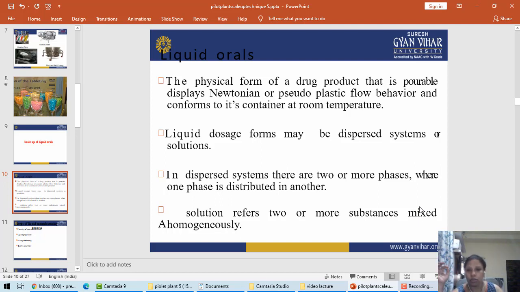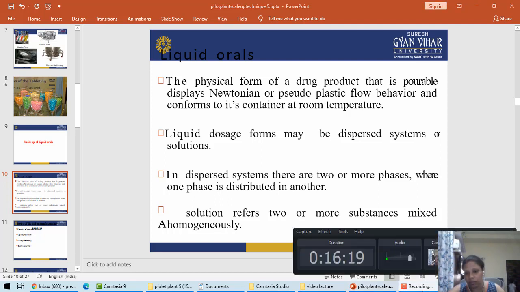Now liquid dosage forms may be a dispersed system or a solution. In dispersed systems, there are two or more phases, where one phase is distributed in another one.